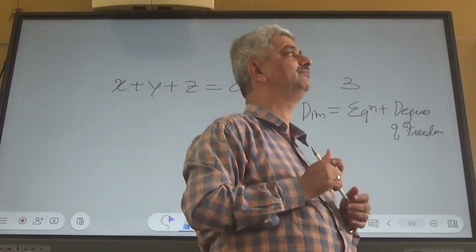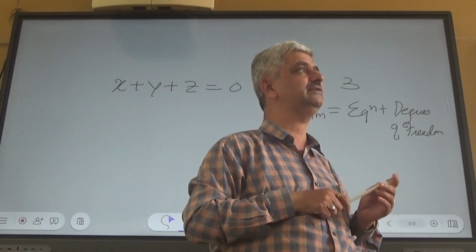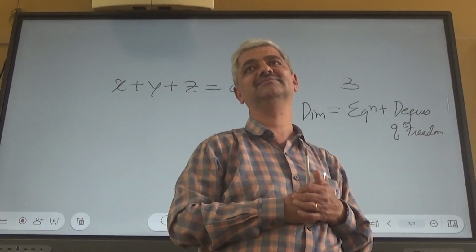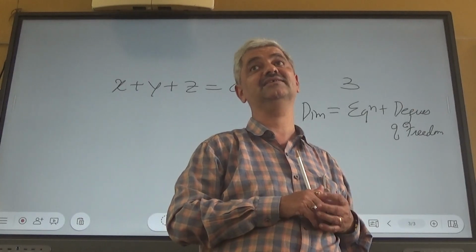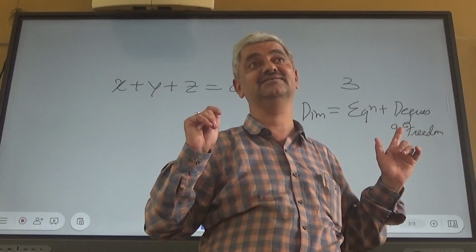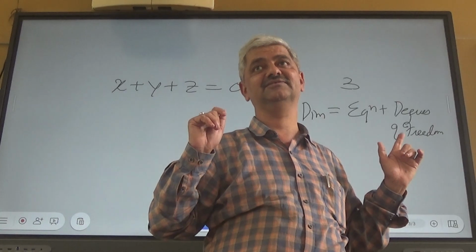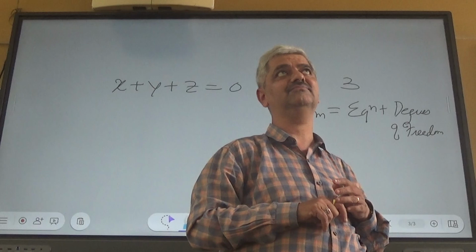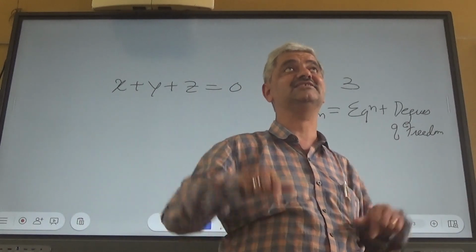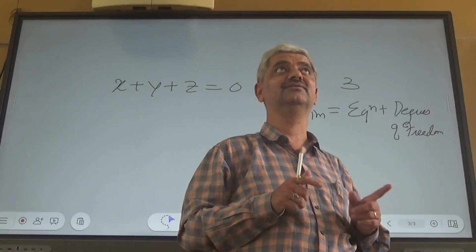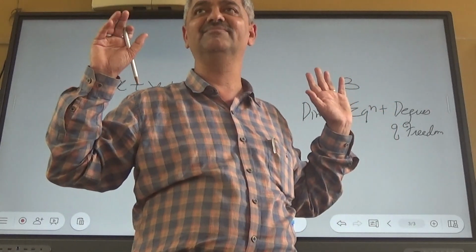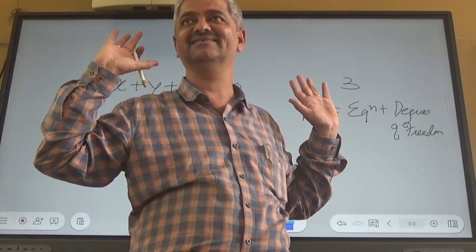Now I tell him, go anywhere on this floor. So what is restricted? z is restricted. Then I tell him, go anywhere such that your x plus y plus z should be some fixed thing.